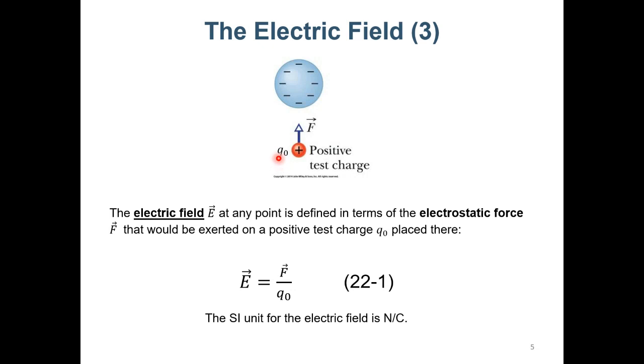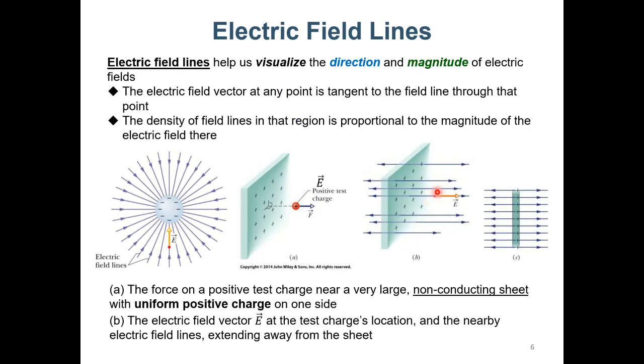No matter whether Q0 is large or small, the field at this point is the same. It's only related to this charge. So this is a very important definition, and the SI unit is, of course, newtons over coulomb. F is in newtons, Q0 is in coulombs, so N over C.